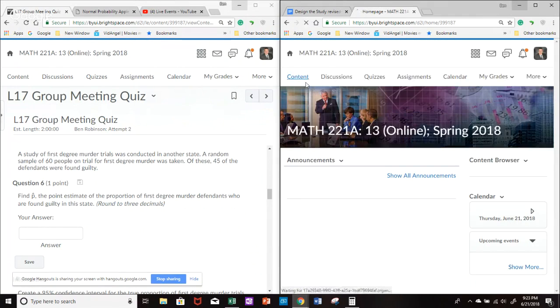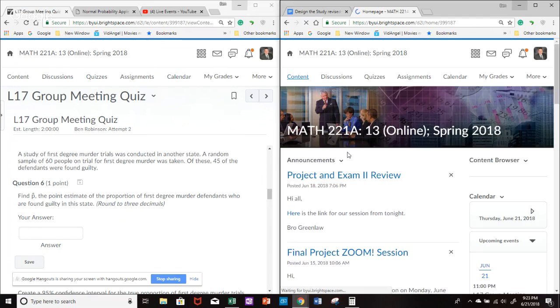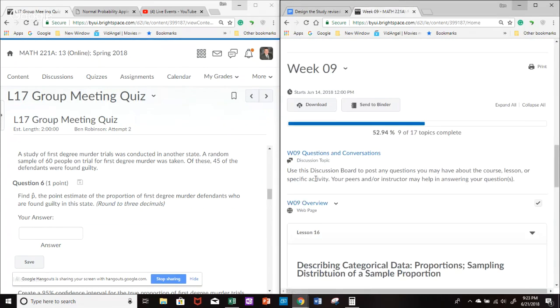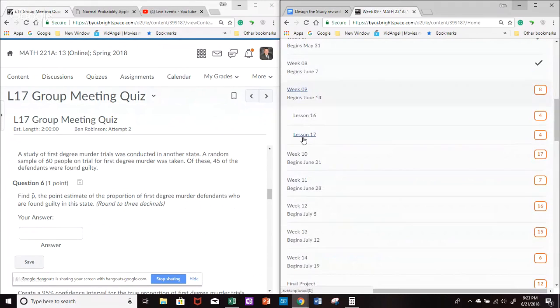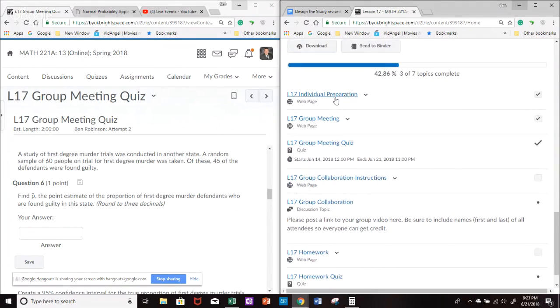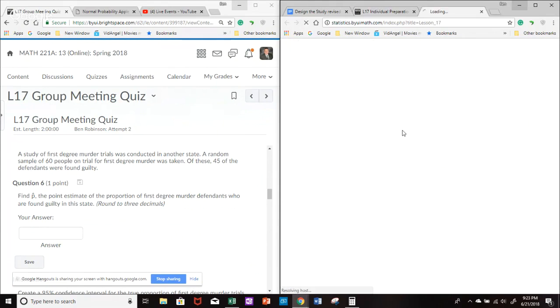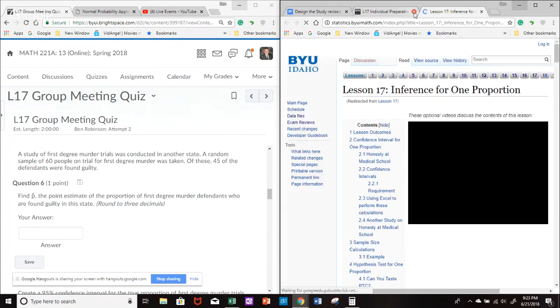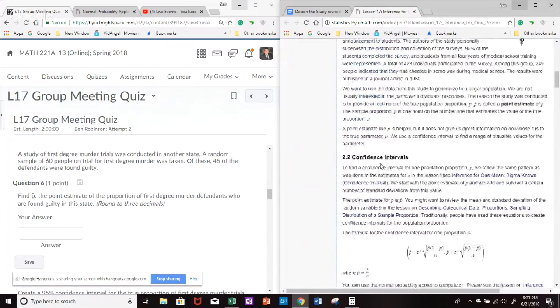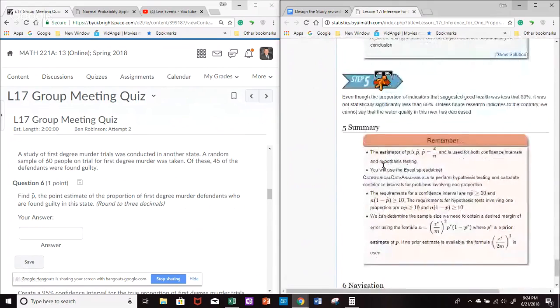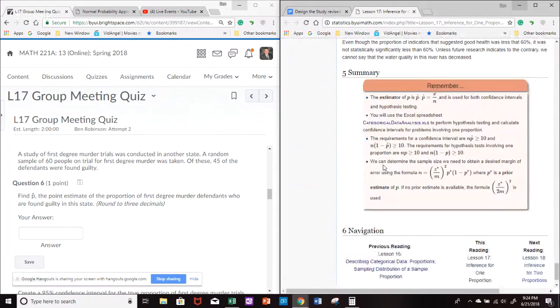The study of first-degree murder trials was conducted in another state. A random sample of 60 people on trial for first-degree murder was taken. Of this, 45 of the defendants were found guilty. Find P hat, the point estimate of the proportion of first-degree murder defendants who were found guilty in this state. Round to 3 decimals.